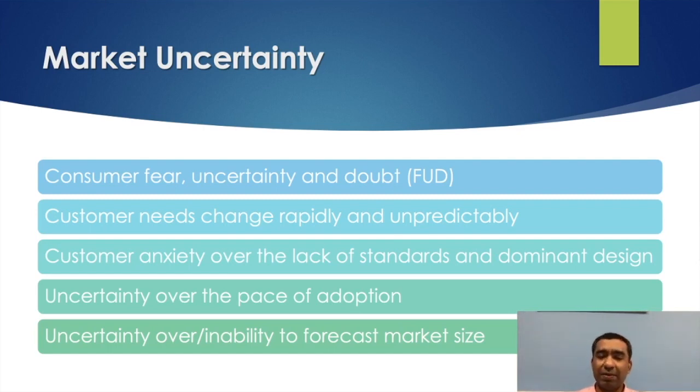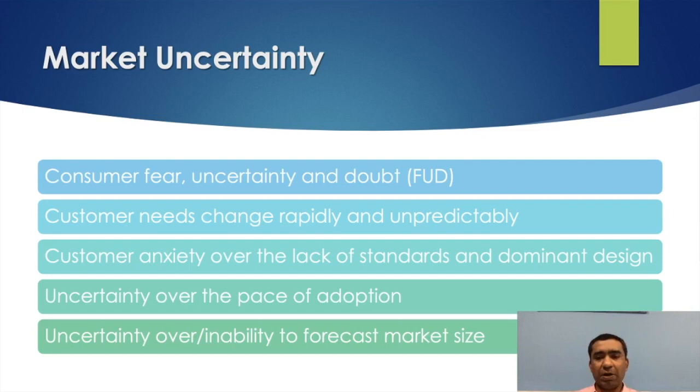Okay, then the second factor is customer need. You should consider that customer needs always change quickly. It is not guaranteed that the customer need will stay the same for a long period of time. No, it's not going to happen. Maybe these changes come very quickly.